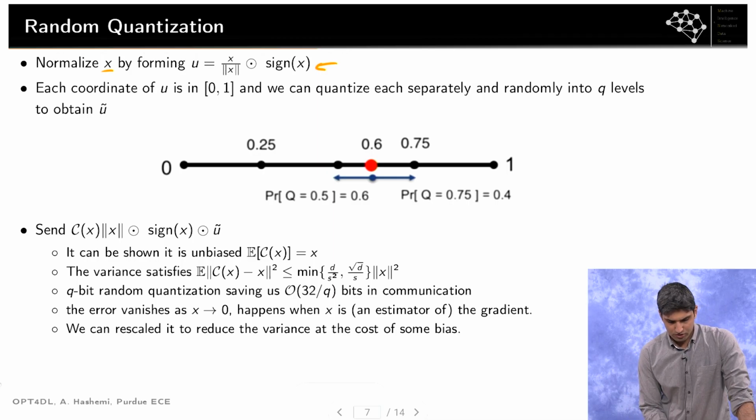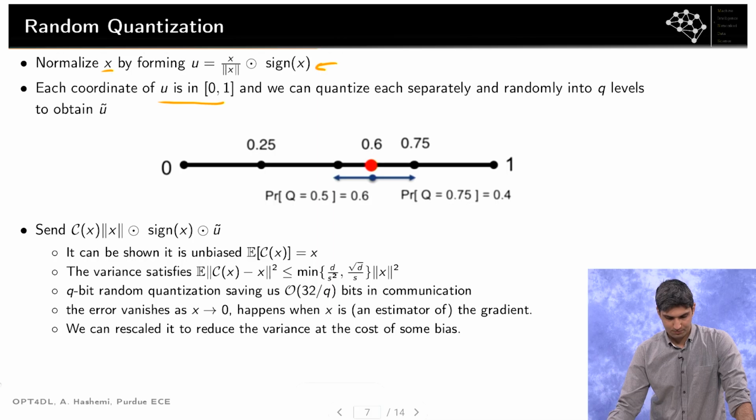After this normalization, when we separate the sign and also make sure that the norm of our signal is 1, each coordinate will be between 0 and 1. Therefore we can quantize each coordinate separately, and basically randomly assign them to q different levels, to obtain a vector, let's call it u tilde.